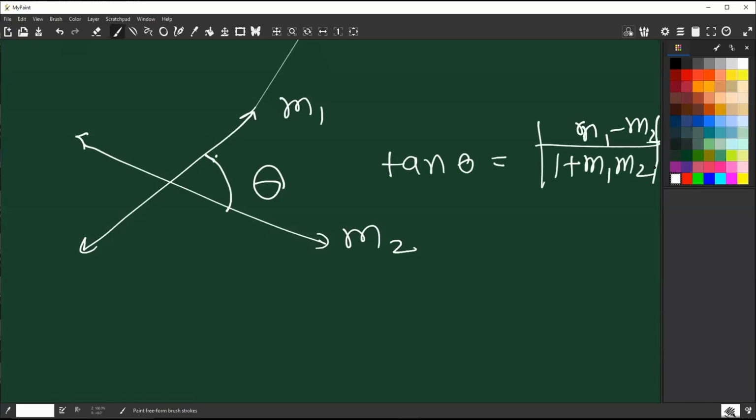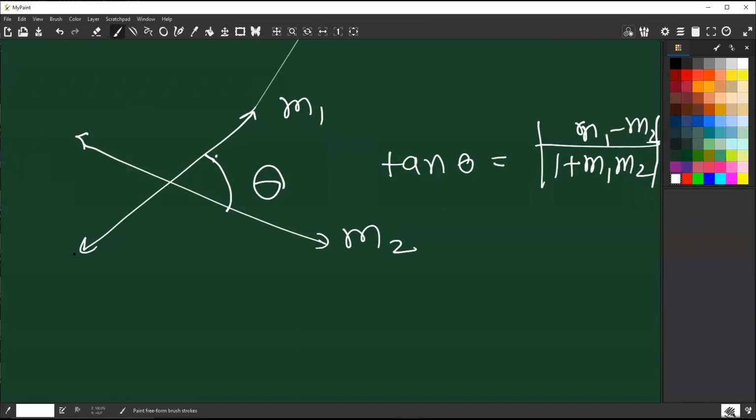This gives you the angle between the lines. Here theta is the angle between the lines, and m1 and m2 are the slopes of the two lines. This is another formula for the angle between two lines.